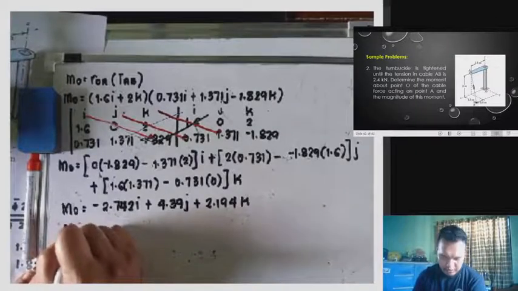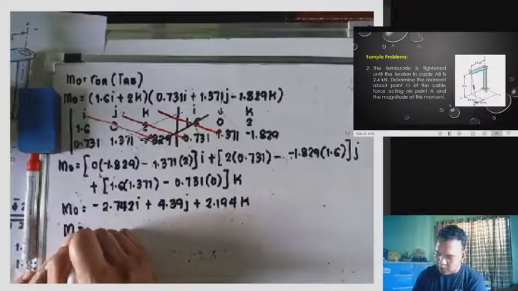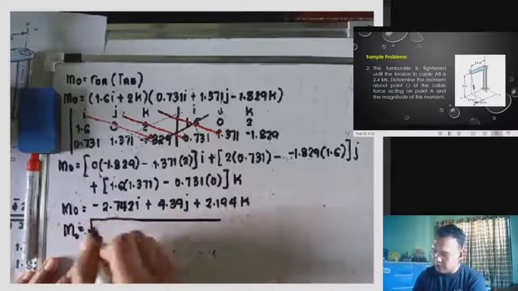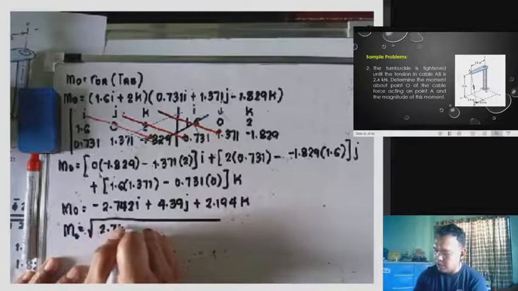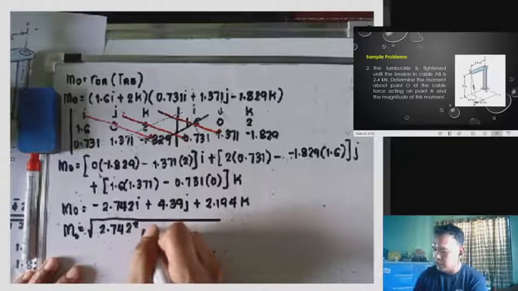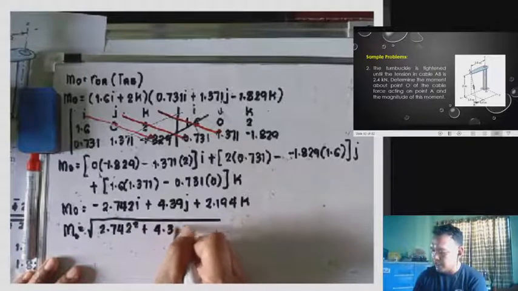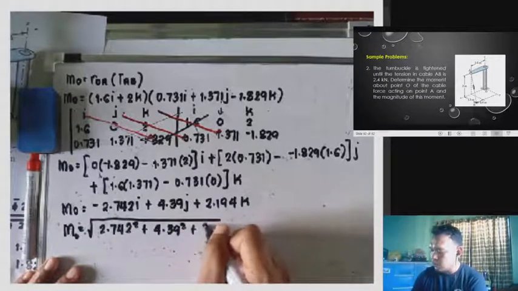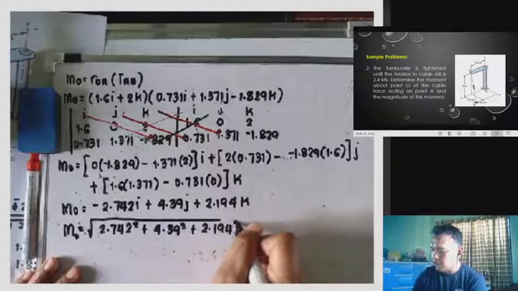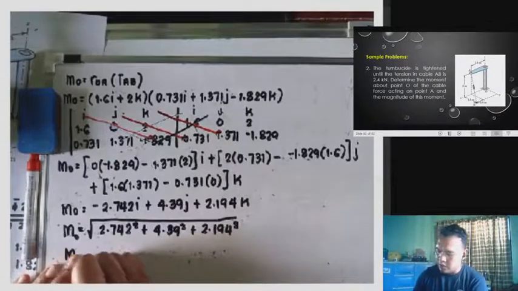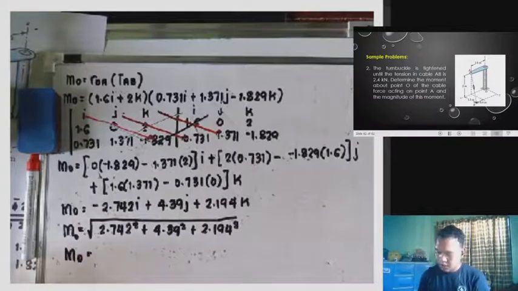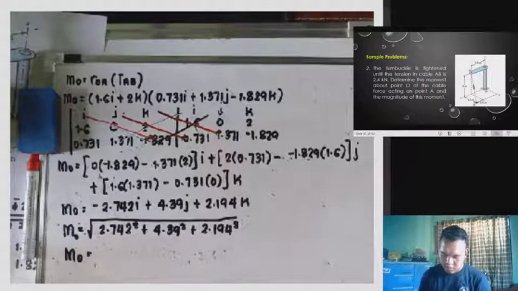So, we have here MO is equivalent kay square root ni 2.742 squared plus 4.39 squared plus 2.194 squared.